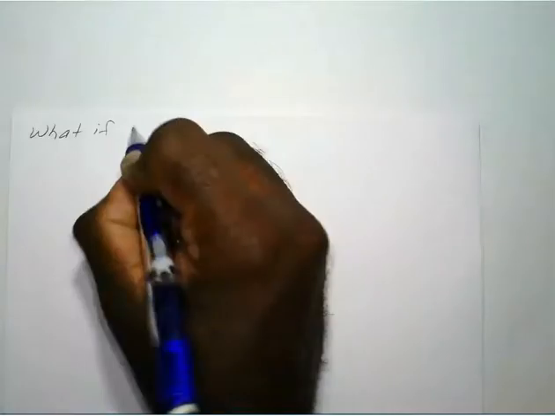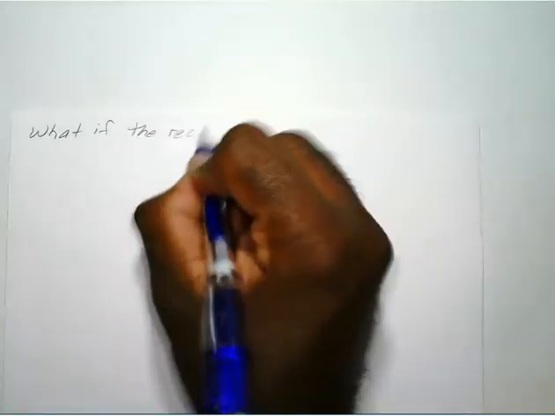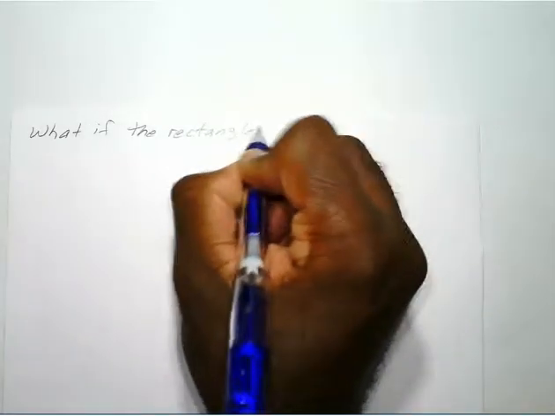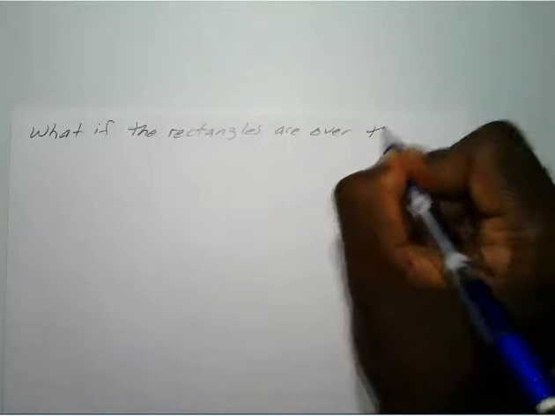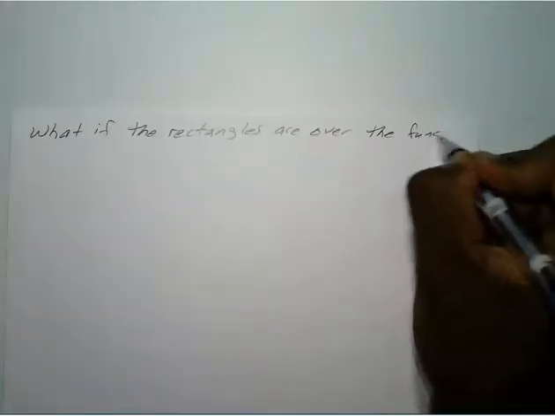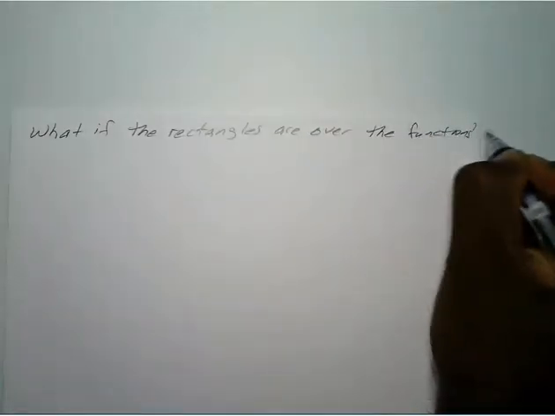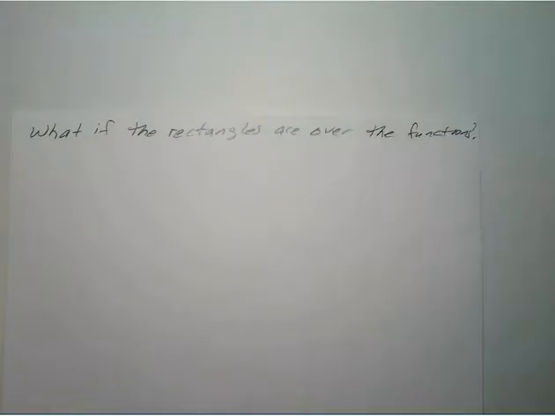what if the rectangles are over the functions? Okay. Now, if your rectangles are over the functions, you'll have a little bit of a different problem. You'll still be able to approximate, but it'll be a slight difference in what you get.